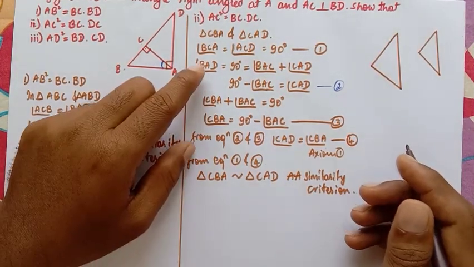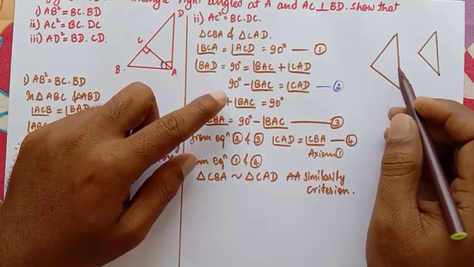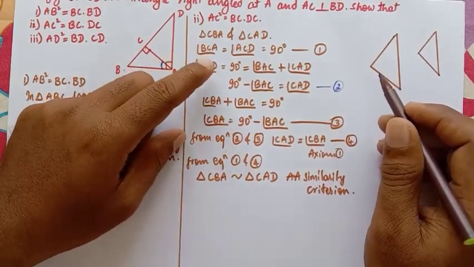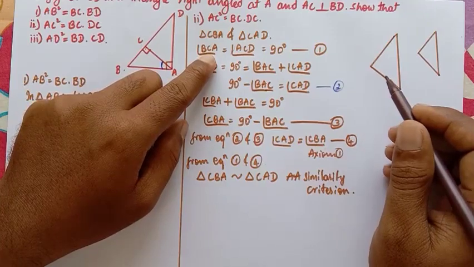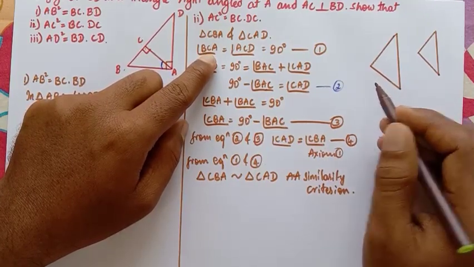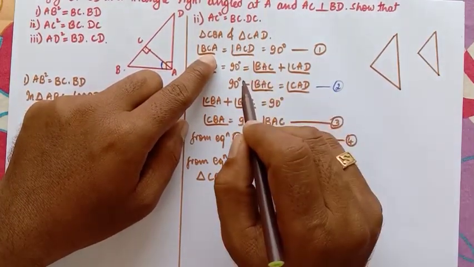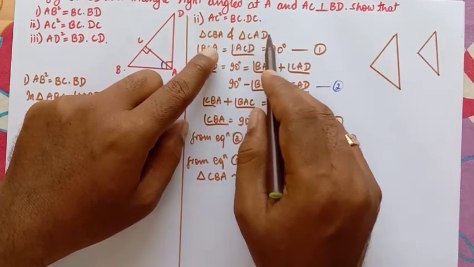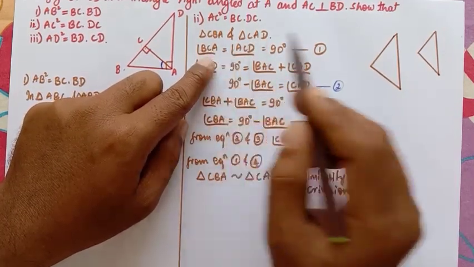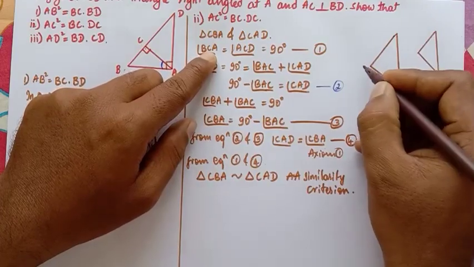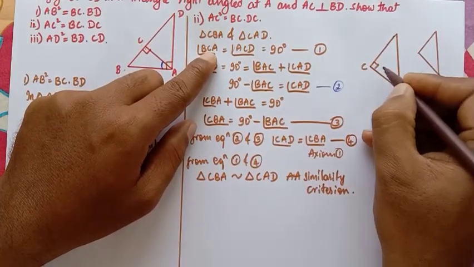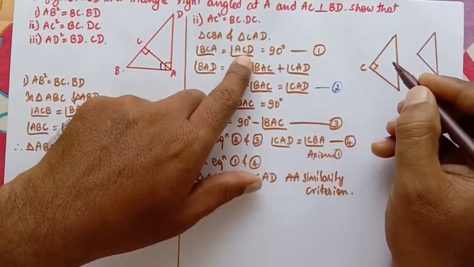To better understand this one, let us redraw these two triangles. First of all, BCA and ACD, CAD triangles. Here angle C is 90 degree. What about here?